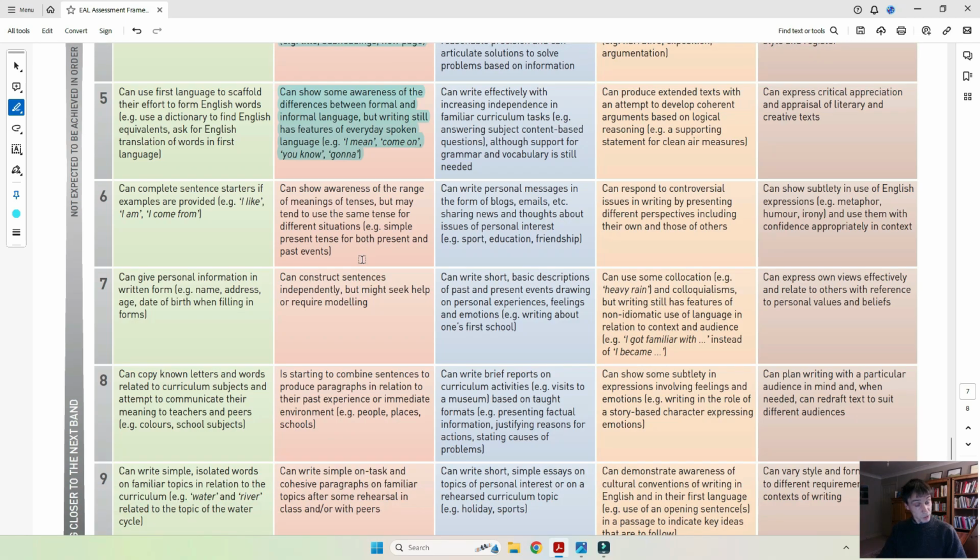Okay. The next one, however, is quite interesting because it says can show awareness of the range of meanings of tenses, but may tend to use the same tense for different situations. For example, simple present tense for both present and past events. Now, this text is only about past situations. So yes, the same tense is used.